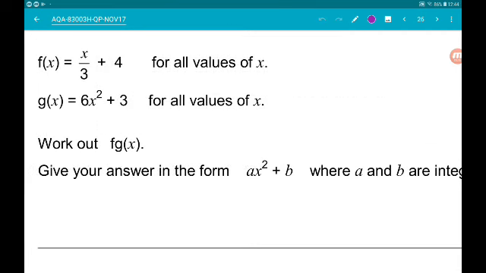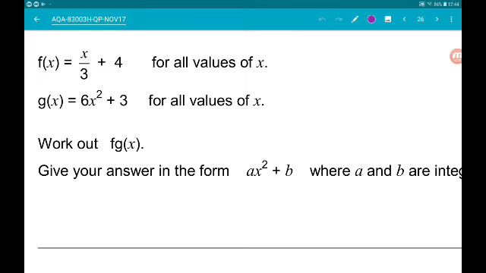Question 30, final question, we've got functions again. So again, I've got a whole playlist on these guys, check the description down below. So, f of x is x over 3 add 4 for all values of x. g of x is 6x squared add 3 for all values of x.